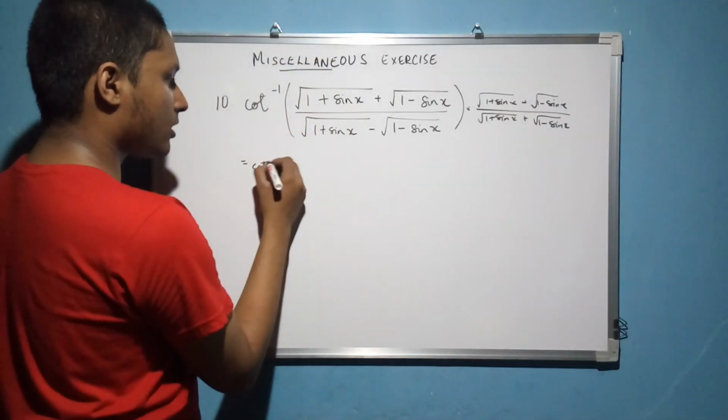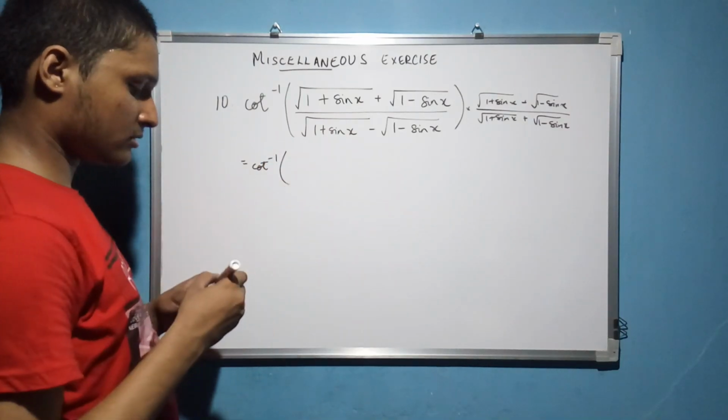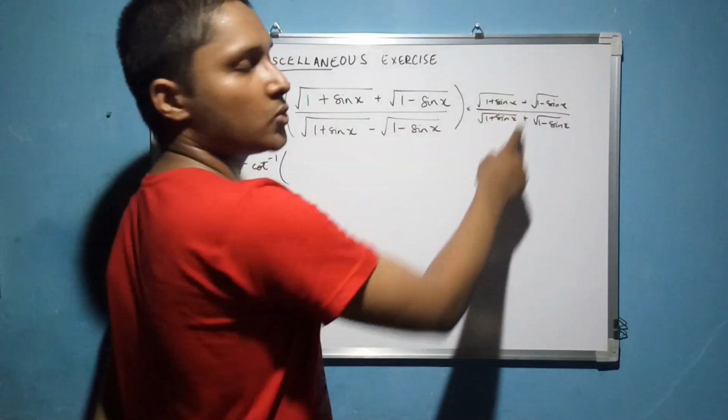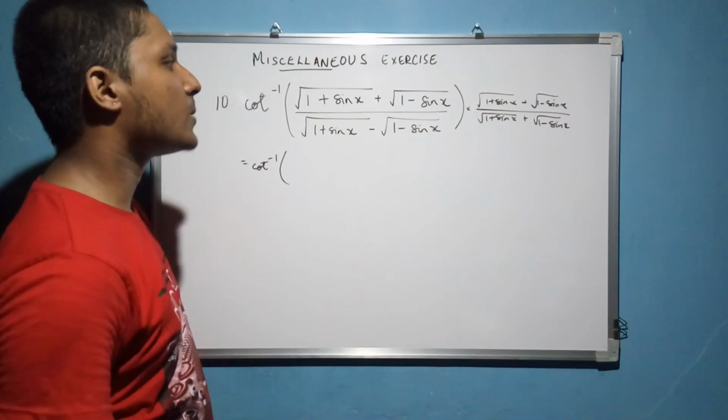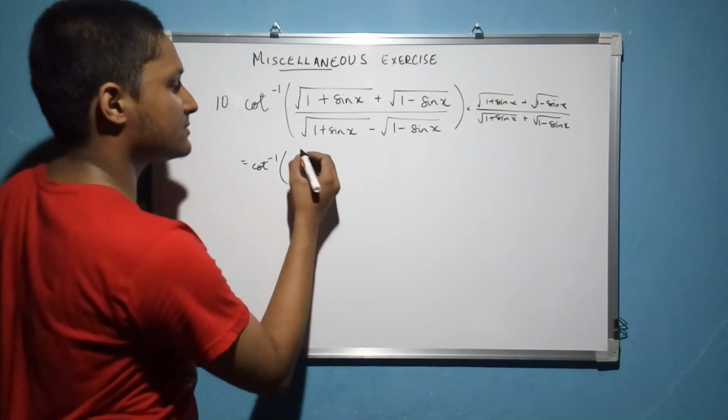How is it going to be now? So this becomes cot inverse of, now the numerator comes to be (a + b) whole square, that is a square plus 2ab plus b square. So what are going to be the terms here?